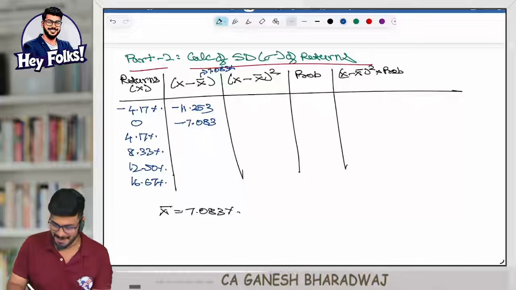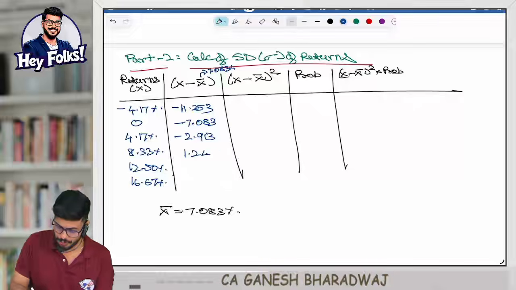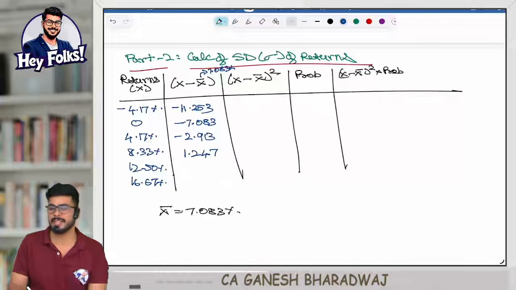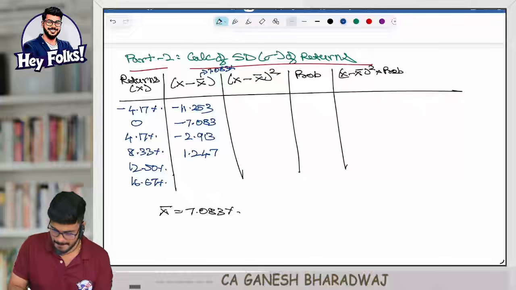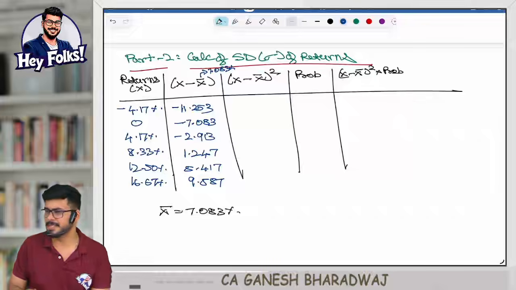Next one, minus 2.913, then 1.247. Guys, be quick with the calculations. Next, 5.417, 9.587. Am I right? Now guys, don't try calculating this. When we are using probabilities, it might not be exactly equal to 0, because here it is not at the center of the population, so do not worry about it.